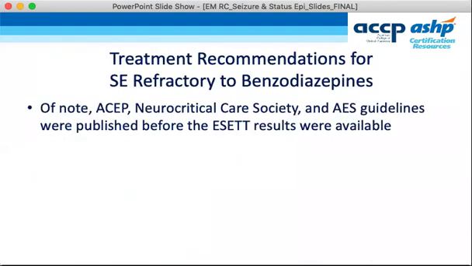With that, it's important to note that all of these guidelines and position statements were published prior to the results of the ESETT study. And that's most likely one of the reasons why levetiracetam has a lower recommendation, because we didn't have as much evidence prior to this study being published.